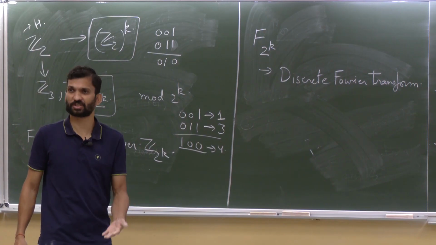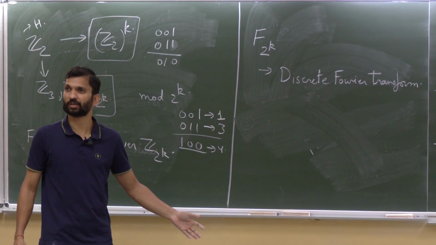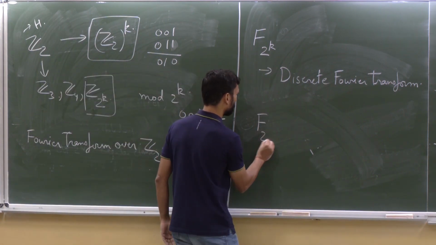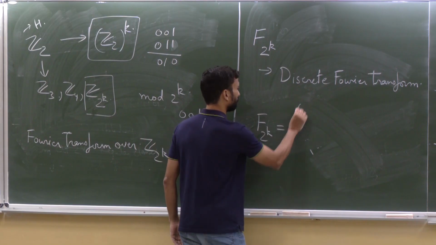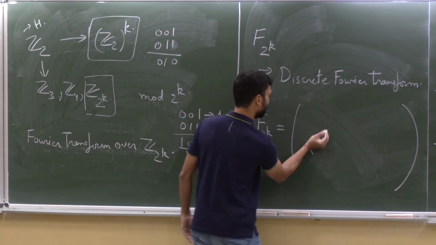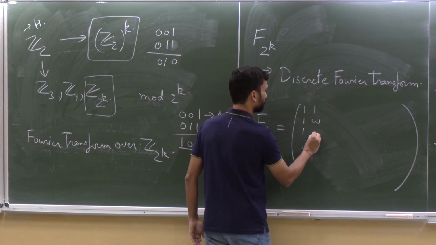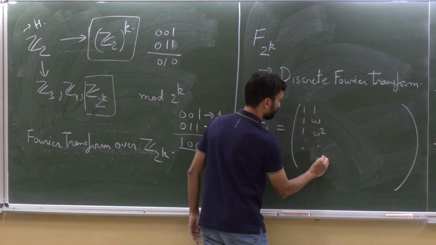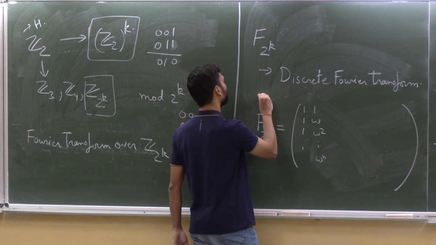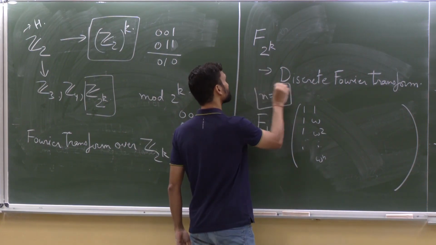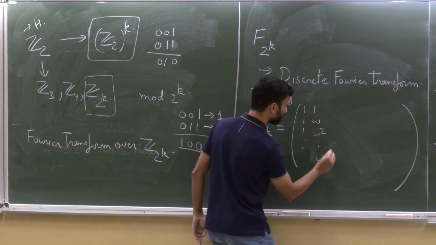Fourier transform is a basis change matrix, so it should be unitary. And this matrix is actually very, very nice. So let's say we will keep n as 2 to the power k.